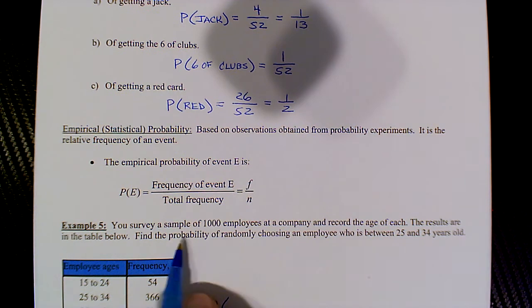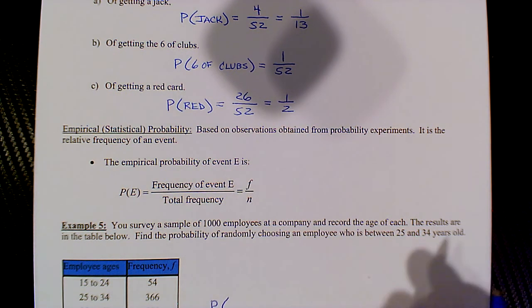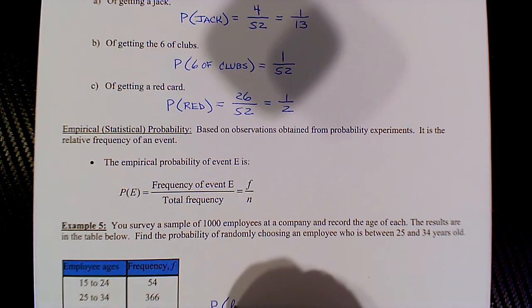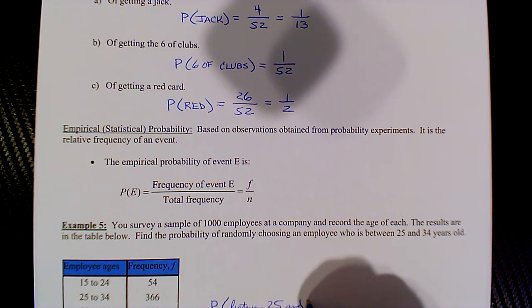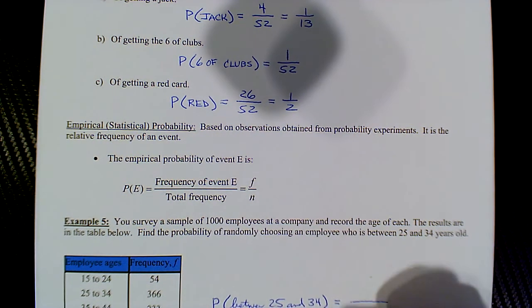And here we're given a sample of 1,000 people. We want to find the probability. We select 1. Find the probability that their age is between 25 and 34. So we've got the total, which is, notice how this is the frequencies, and this is the sum of the frequency. So that's actually the value of n.